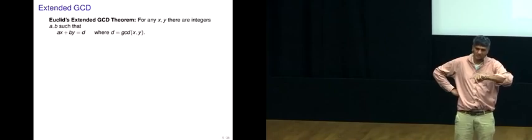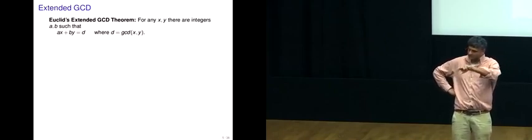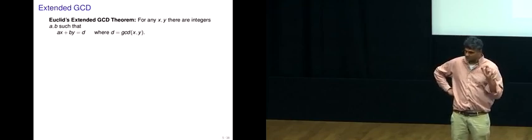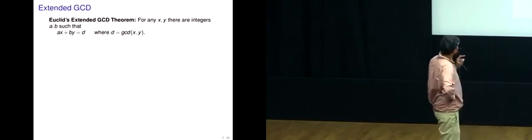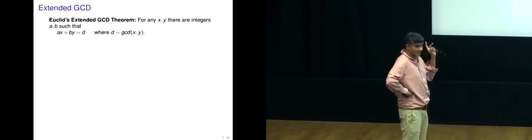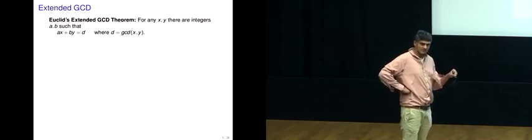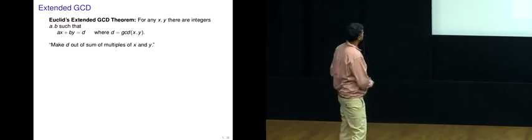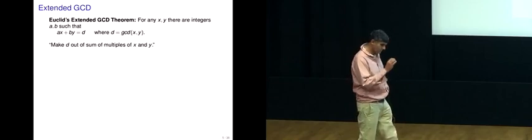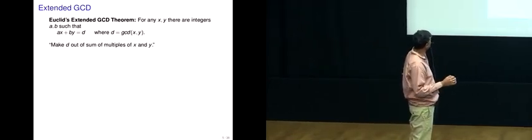If x and y are both multiples of d, ax plus by is a multiple of d. But this says I can actually set up integers a and b such that it's the smallest possible multiple of d, other than 0. Does that make sense? So you're making the greatest common divisor out of the sum of multiples of x and y.